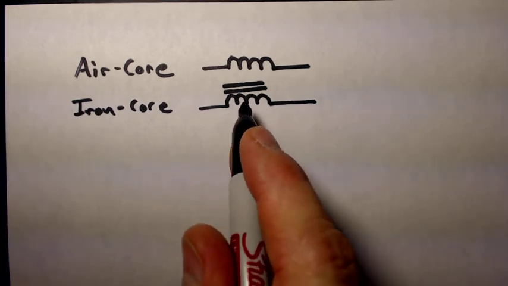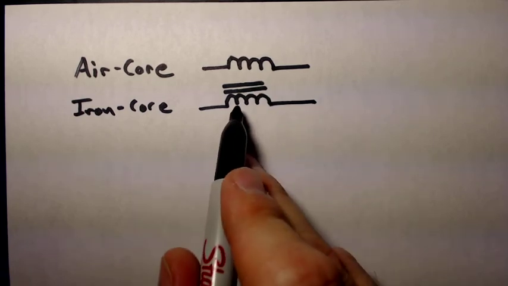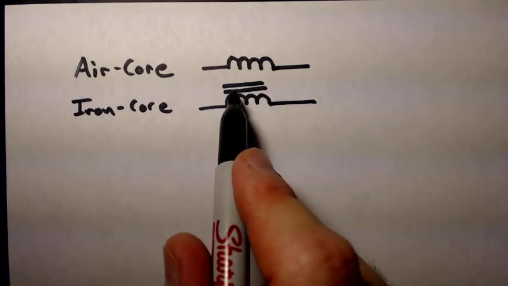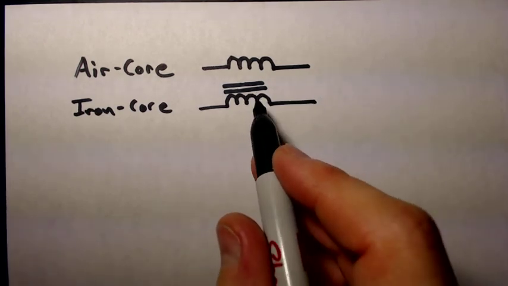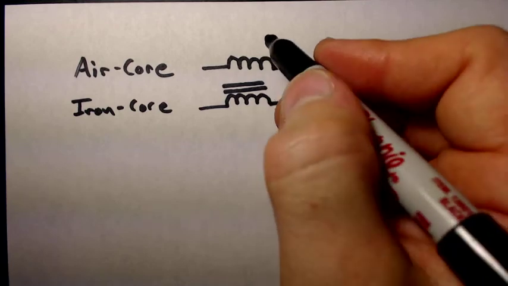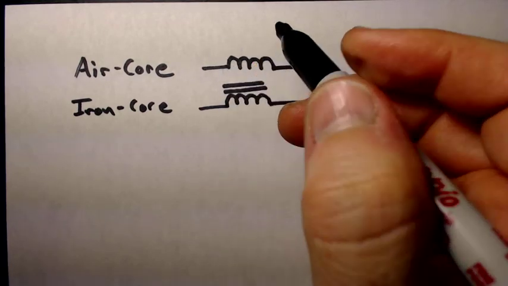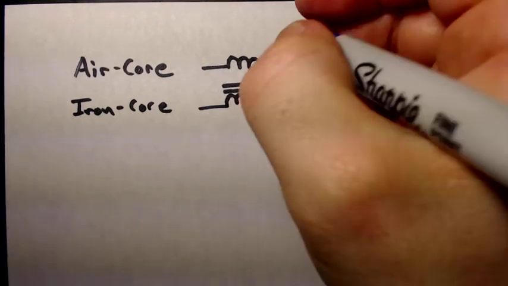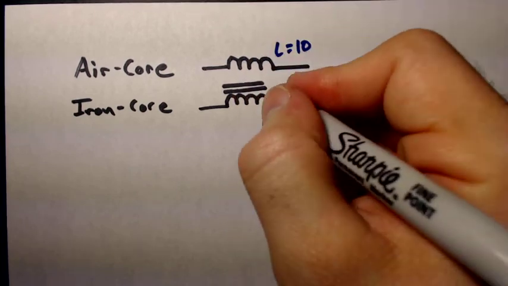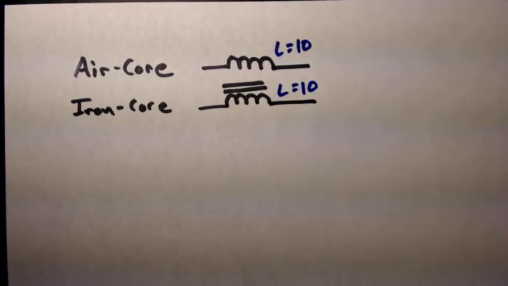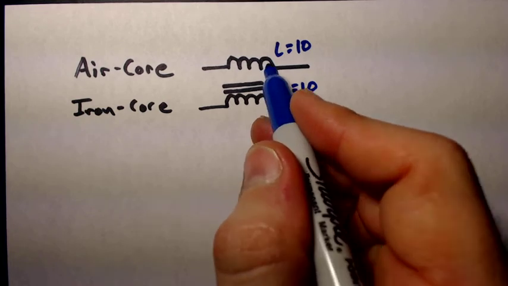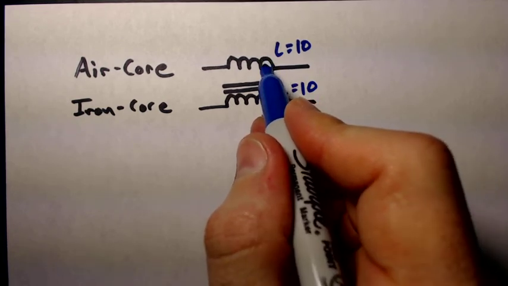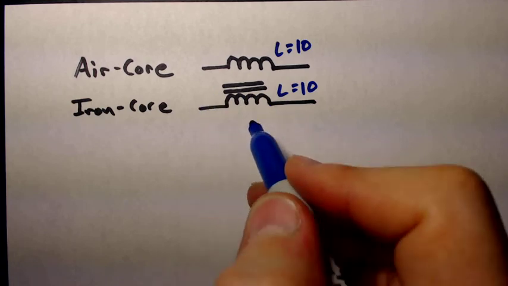This just tells the person reading the schematic, hey, I don't have air in the center of my inductor. I actually have an iron core. Now again, this just really kind of doesn't matter because once I say that L is equal to 10 for an air core, and I say that L is equal to 10 for an iron core, it's essentially the same inductor anyways. But the air core inductor is going to have to physically be larger in order to concentrate the same amount of magnetic field that an iron core inductor would.